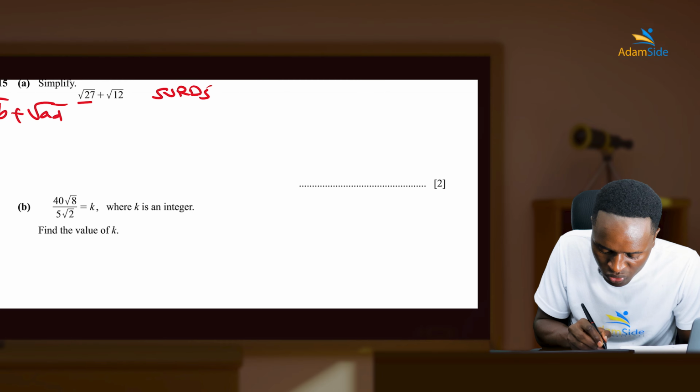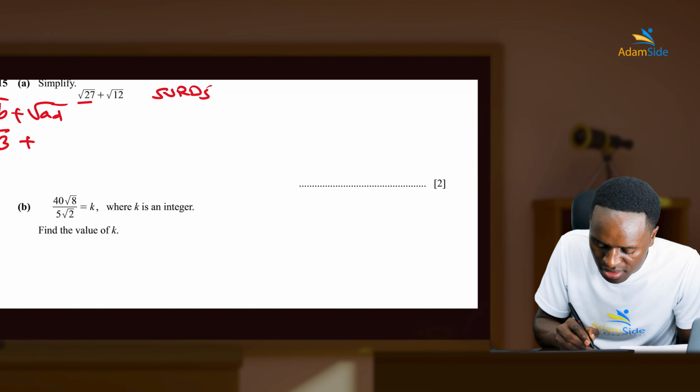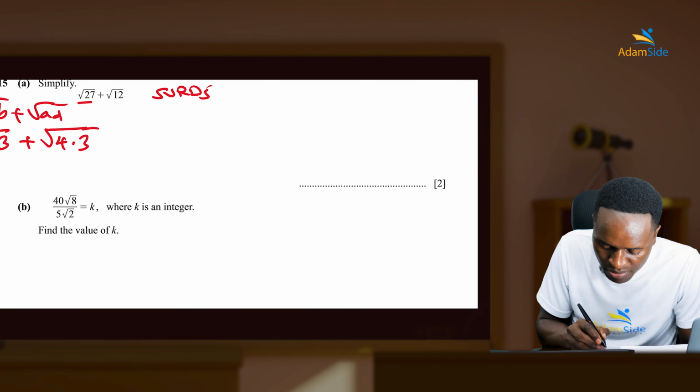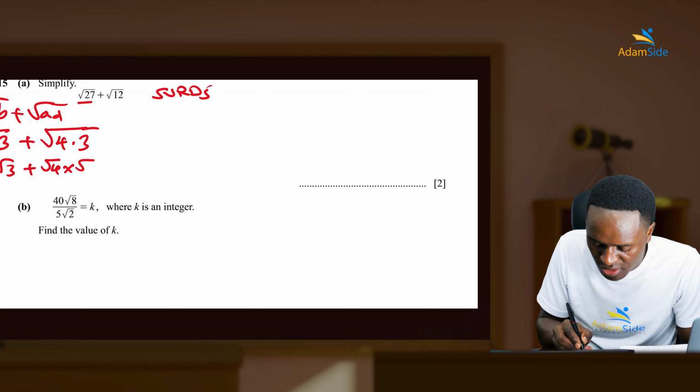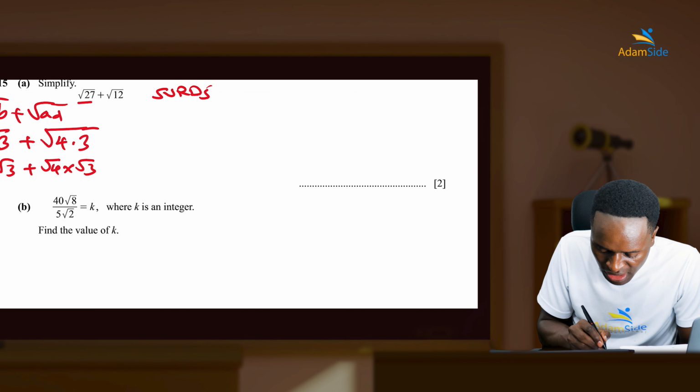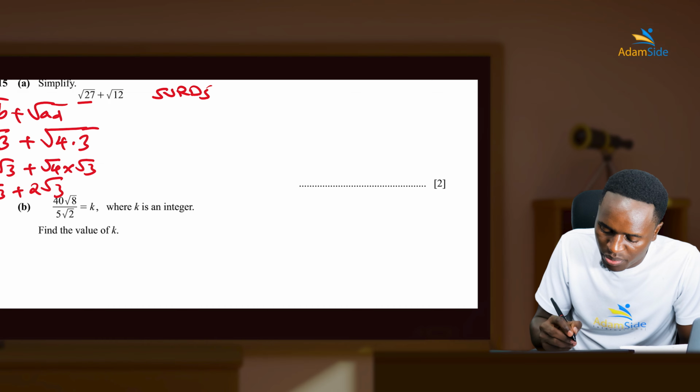Correct. So you say square root of 9 times 3 plus square root of 4 times 3, and then split them. So it's square root of 9 times the square root of 3 plus square root of 4 times the square root of 3. Therefore, square root of 9 is 3, so 3 root 3 plus square root of 4 is 2, so 2 root 3. Then you add up.